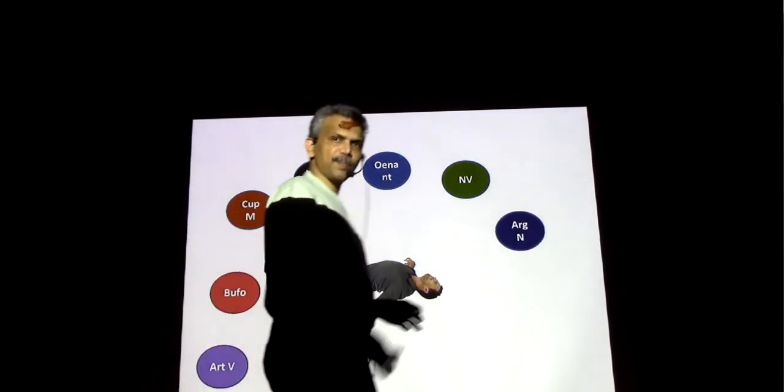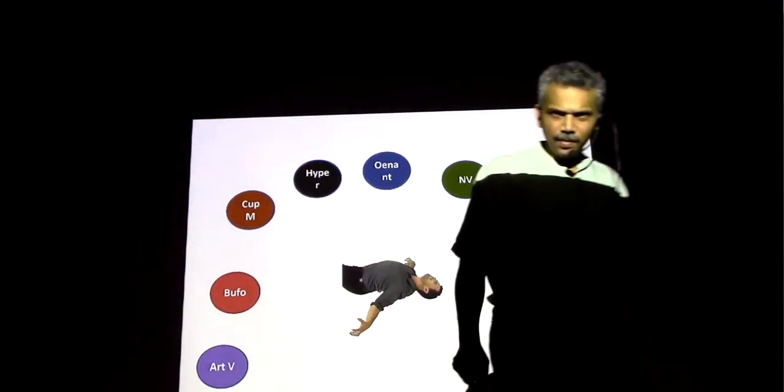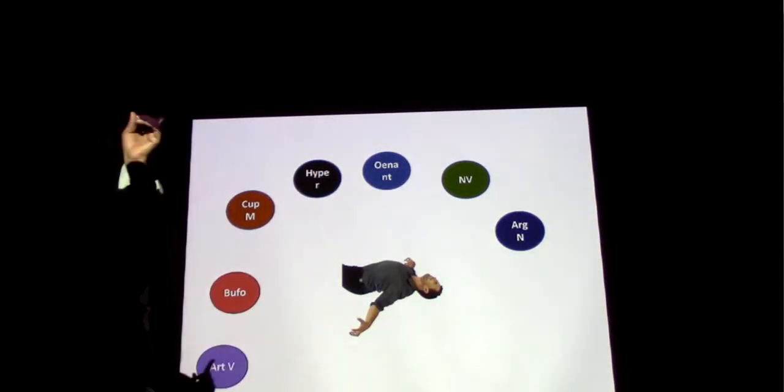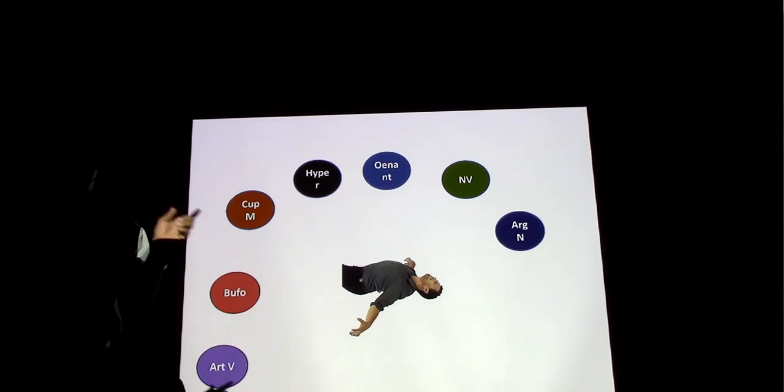Okay, now what is special in Argentum nitricum? Very good, there is anticipation, anxiety, good. Limit it to convulsions. Let's not put all the knowledge that we have about Argentum nitricum. I am asking you a specific question. Convulsions of Argentum nitricum. There is something very special in Argentum. Before convulsions, something will happen.